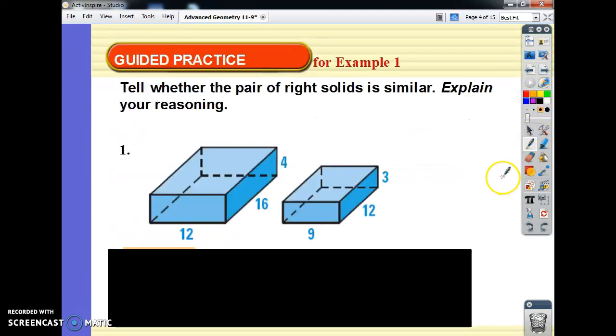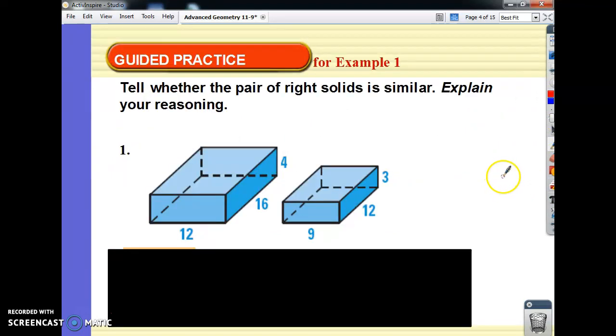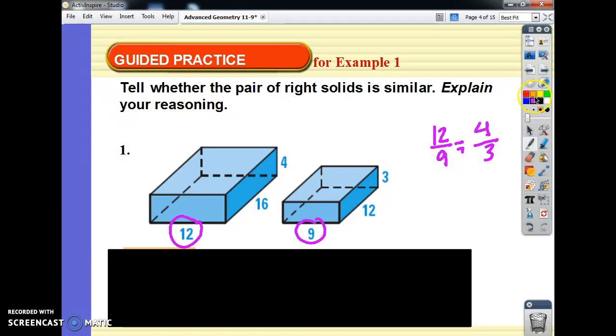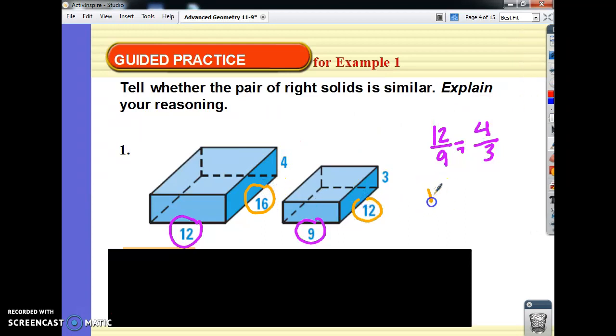Alright, so tell whether the pair of right solids is similar. Explain your reasoning. So if I did 12 over 9, that is going to reduce, 3 goes in here 4 times, 3 goes in here 3 times, to 4/3. Let's look at the next side. So how about the 16 over 12? 16 over 12 is going to reduce, 4 goes in there 4 times, 4 goes in there 3 times, to 4/3 as well.